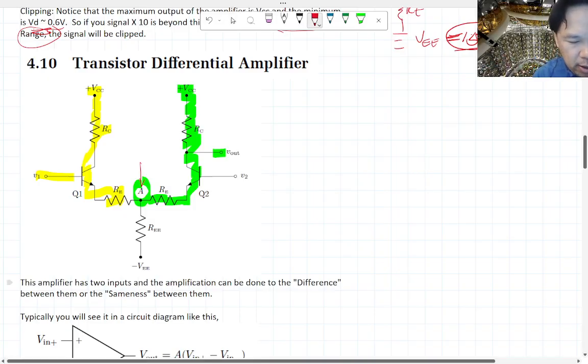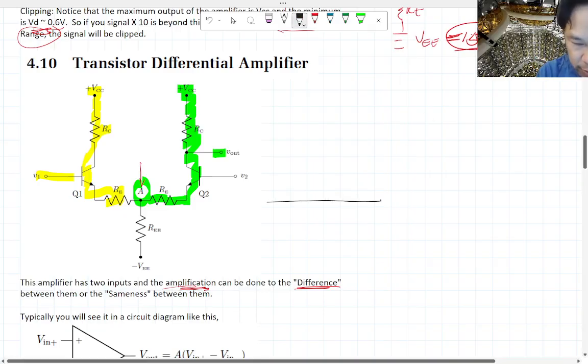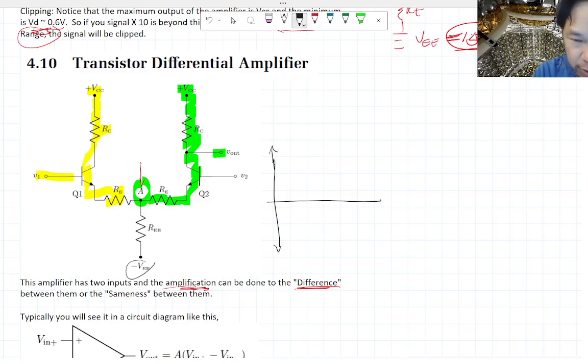So the main idea of this circuit is that it amplifies the difference between the two signals, but it knocks out the sameness between them. So let's do a little drawing here so that I can illustrate this. This is VEE, so we can have a negative output.